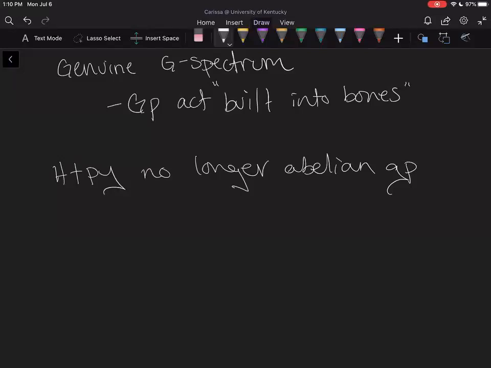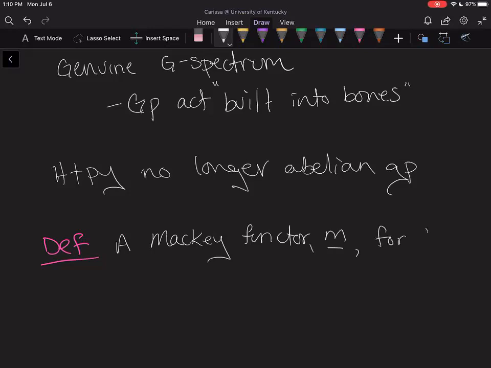And what that homotopy is called is a Mackey functor. So Mackey functor M, and this is for a finite group G. It consists of abelian groups for each orbit.